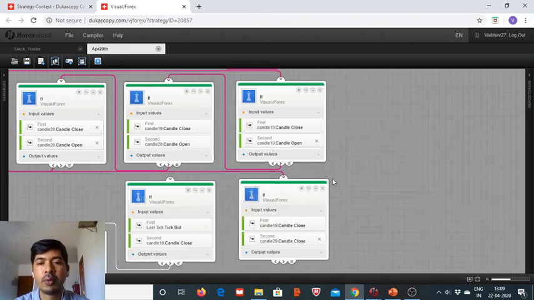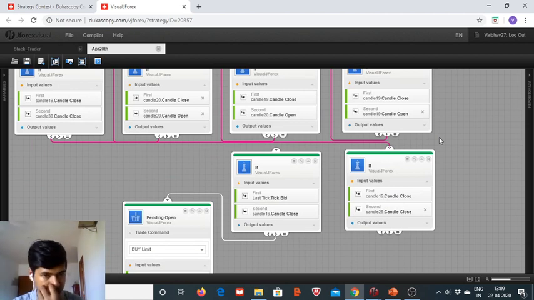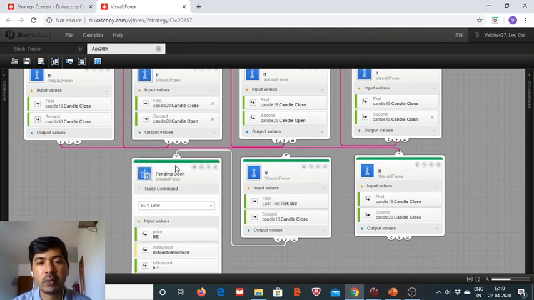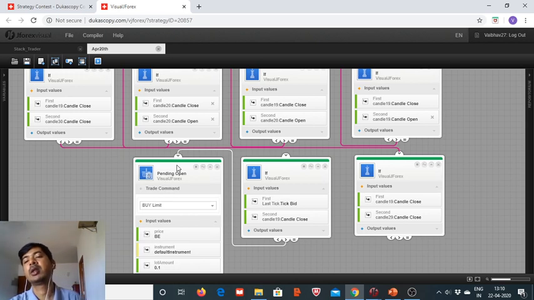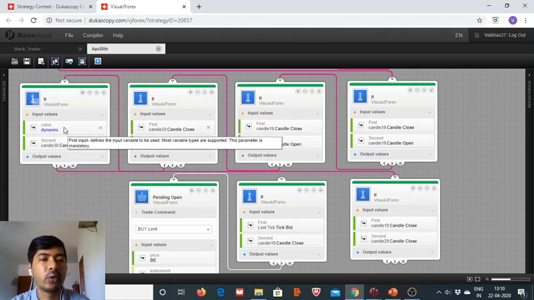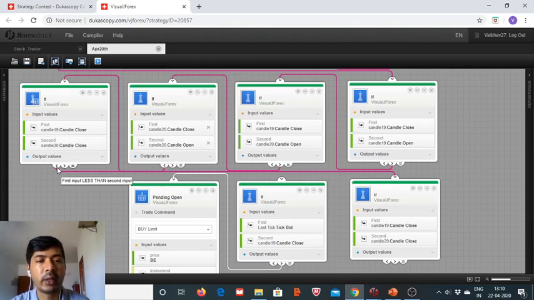Now, as we cut the flow, we need to make sure that this relation is right. So I will need to check what it was. The candle 19's closing level and the candle 29's closing level is to be compared before we go in for the placement of the order, and the candle close was less than the 30 candle close.